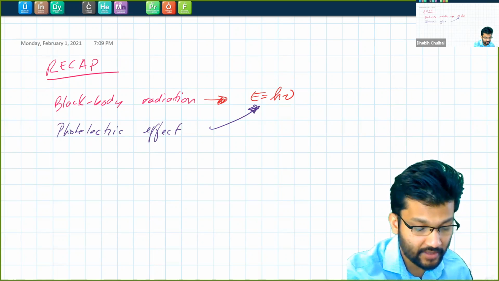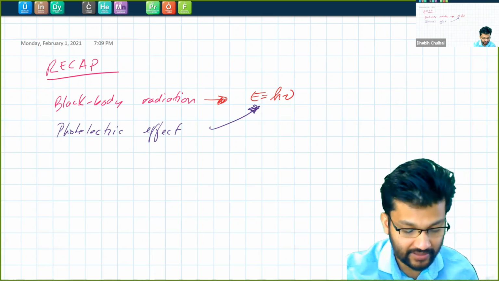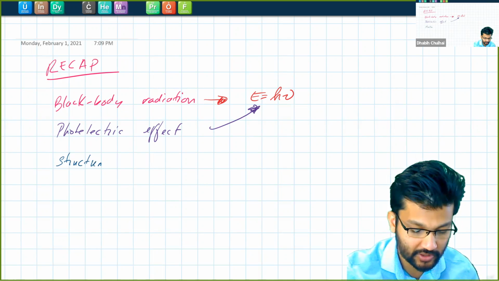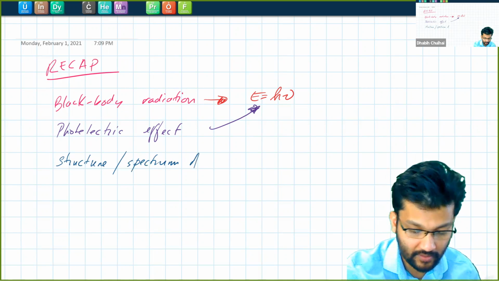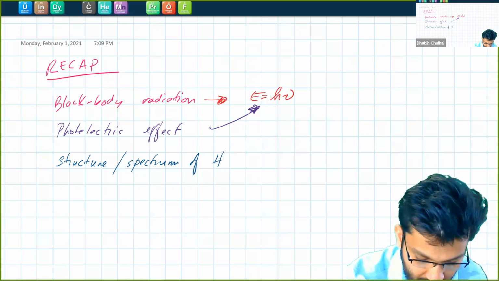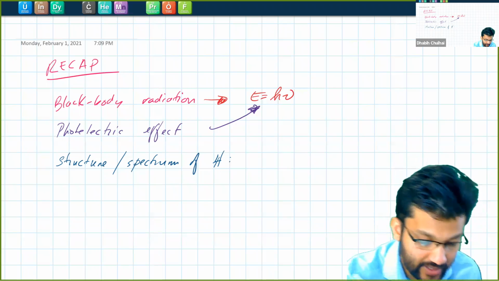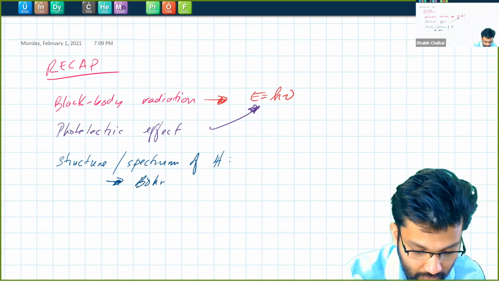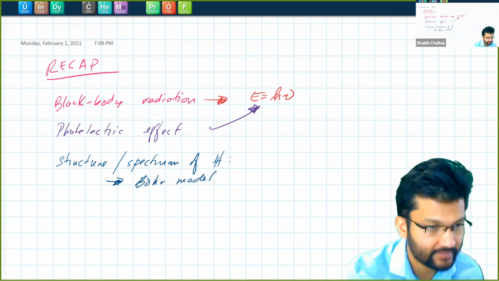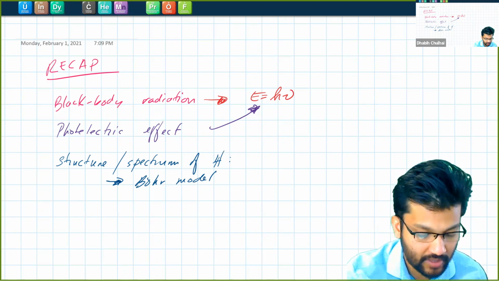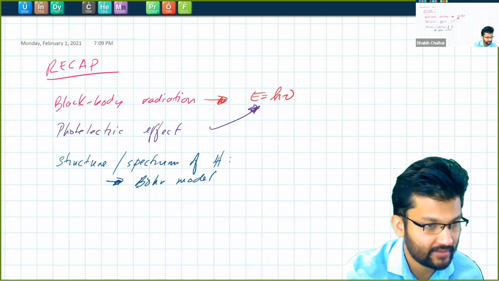Another confusing phenomenon we looked at was the structure and spectrum of hydrogen. While we couldn't explain it, Bohr came up with his model that explained the spectrum pretty well, and we went over the Bohr model last Thursday.